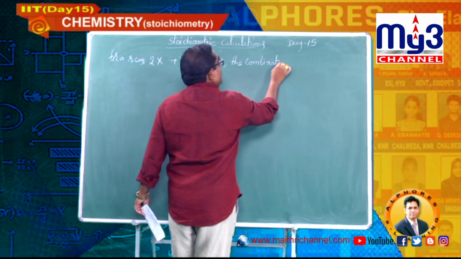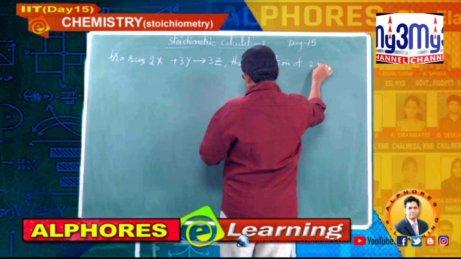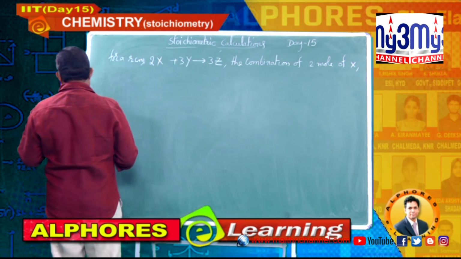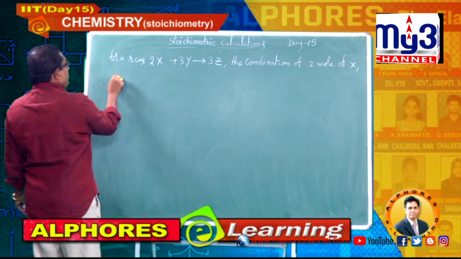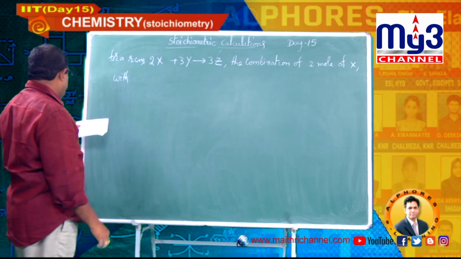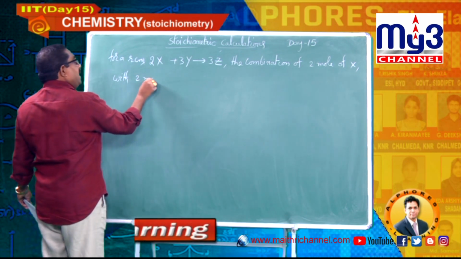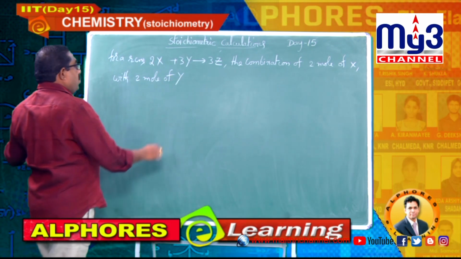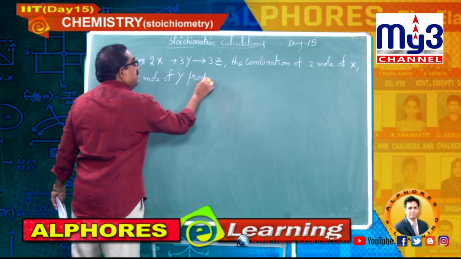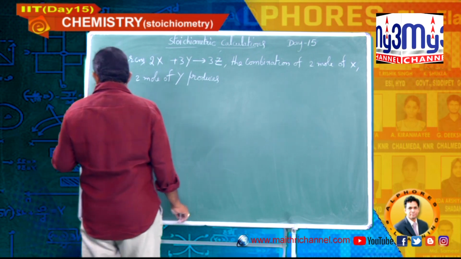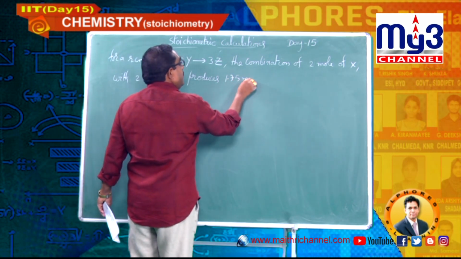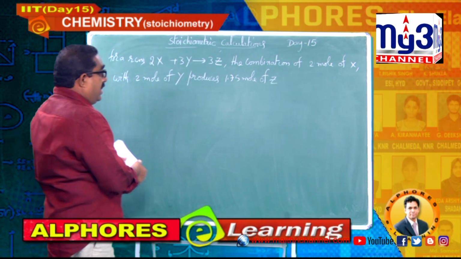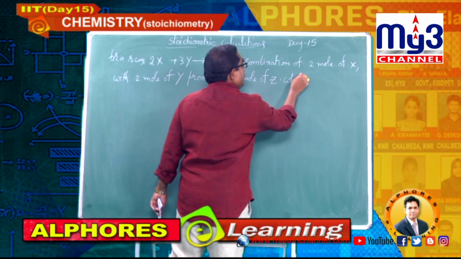Write down students, the combination of 2 moles of X with 2 moles of Y produces 1.75 mole of Z. What is the percentage yield of reaction?